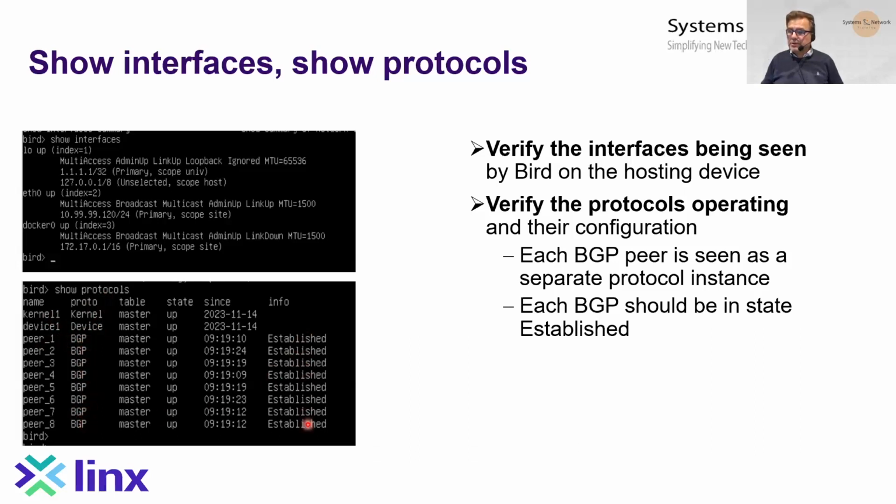And those BGP peer relationships are all in what we call an established state. And if they weren't established, we wouldn't be able to learn routes or share routes with whatever individual peer was not in an established state with the route server.